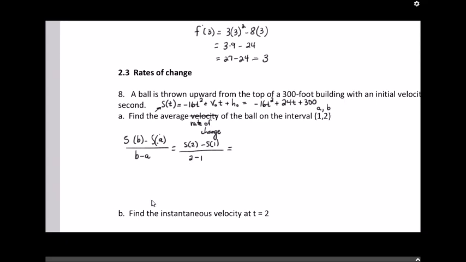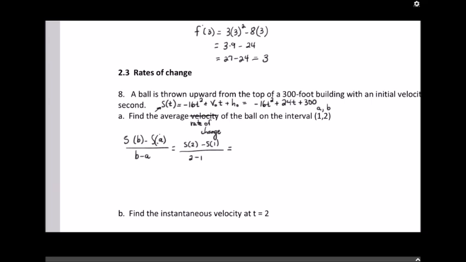As we pull our calculator up here, the position at 2 seconds, all we have to do is plug a 2 into our position function. So a 2 for this t and a 2 for that t. 2 squared is 4. 4 times 16 is 64, negative 64 rather. 24 times 2 is 48.